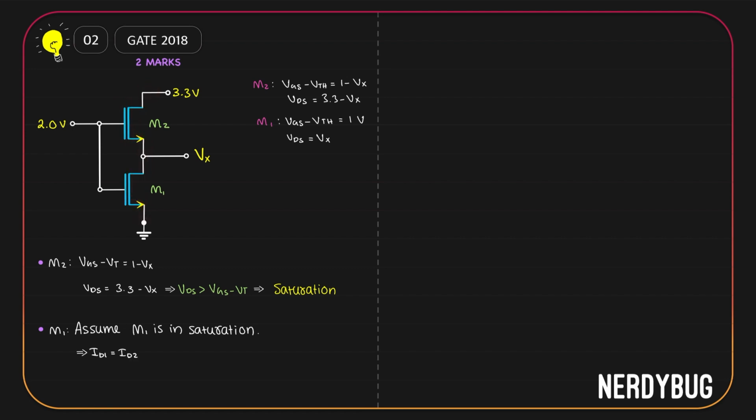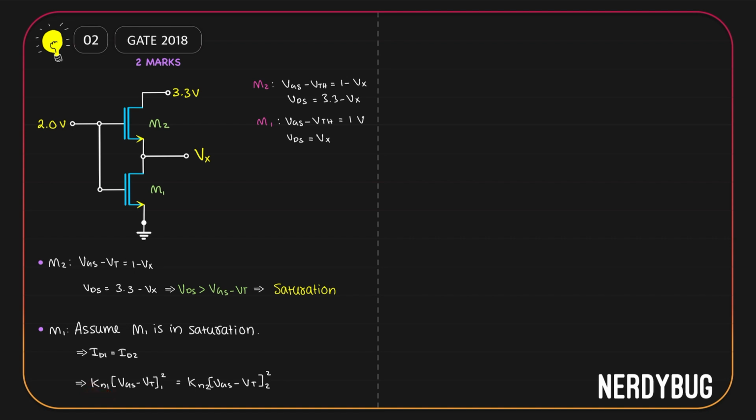Let us write ID1 is equal to ID2. We already know M2 is in saturation. So for ID2, we can use the expression for drain current of a MOSFET in saturation. We are assuming M1 is in saturation. So there also we'll use the same expression. Here Kn is the constant mu n Cox W by L. Half and half can be cancelled.